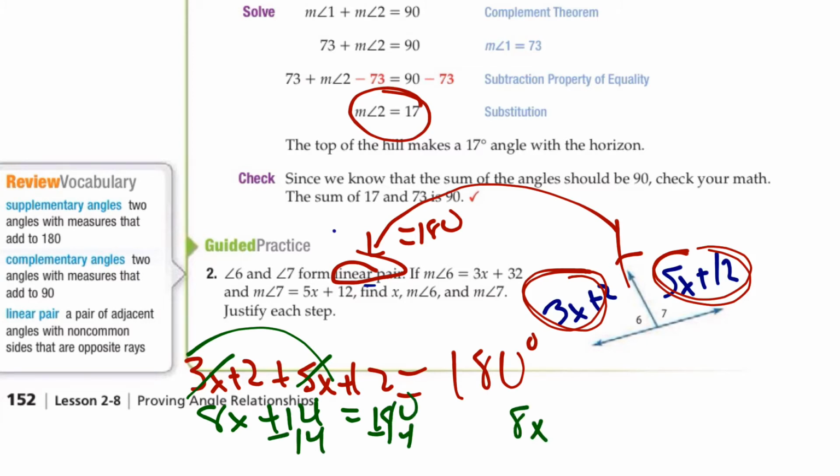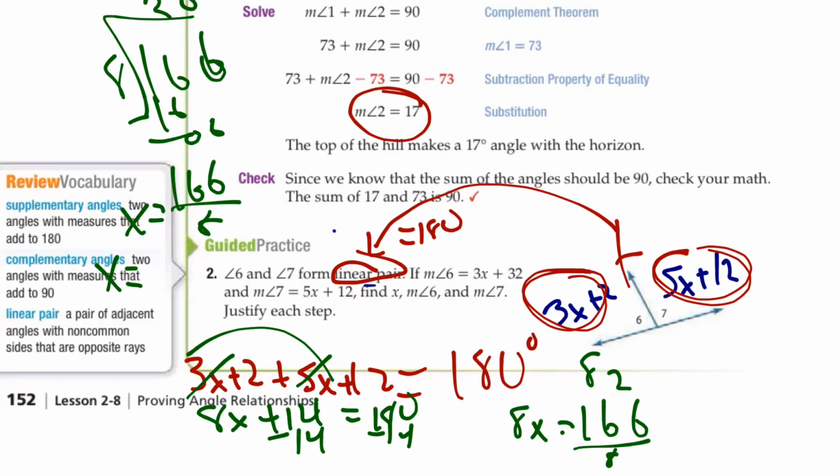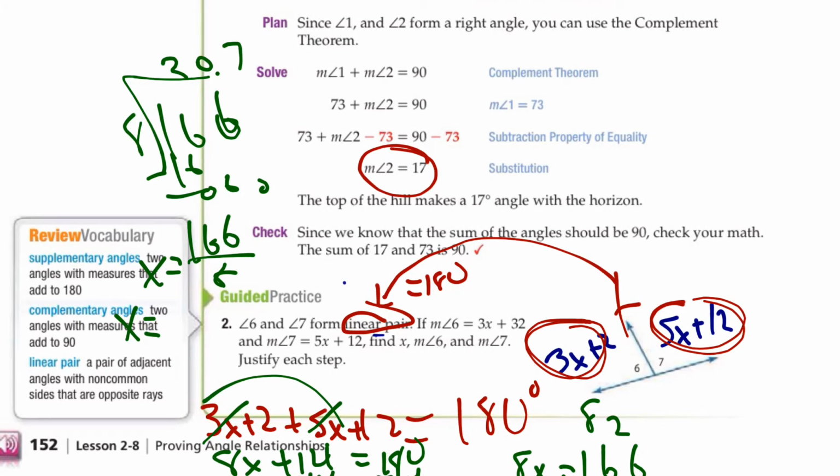And if 8x equals 166, divided by 8, x equals 166 over 8, or x equals 20.75.